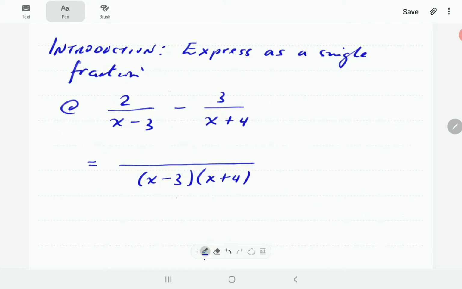Then x minus 3 goes into this x plus 4 times. So we're going to have 2 here into x plus 4. And x plus 4 goes here, x minus 3 times. So here we're going to have 3 into x minus 3.